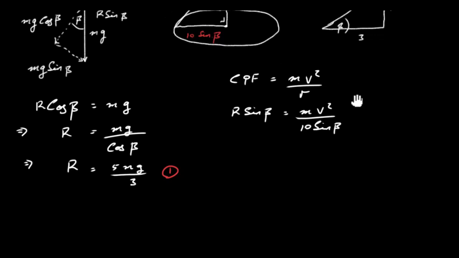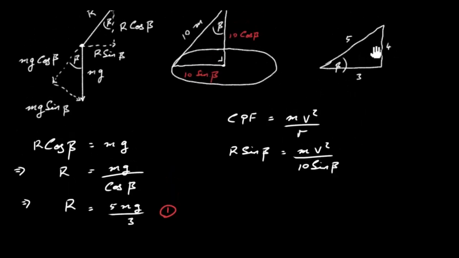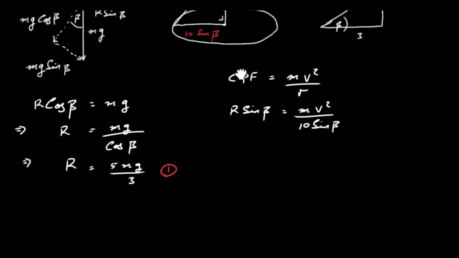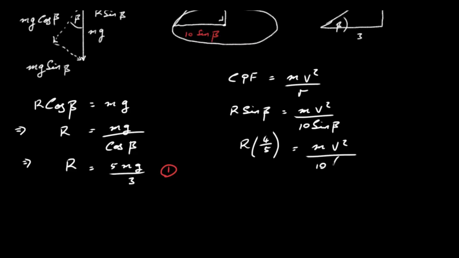We can see here that sine of beta is 4 over 5. So we put that in for these two sines. So this is OR times 4 over 5 is equal to mv squared over 10 times 4 over 5. I'll just do the right hand side first. That's mv squared over 5 into 10 is 2, 2 4s are 8.